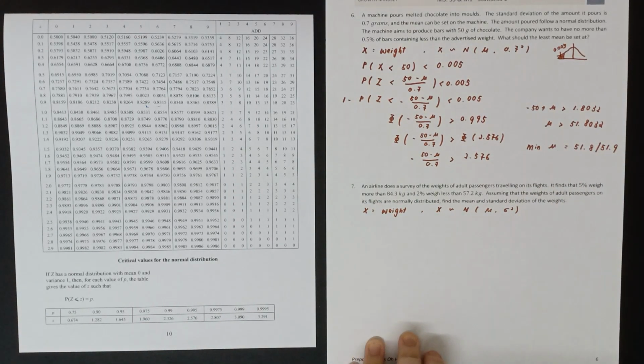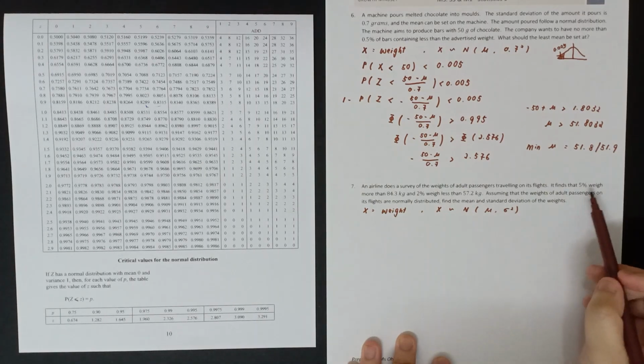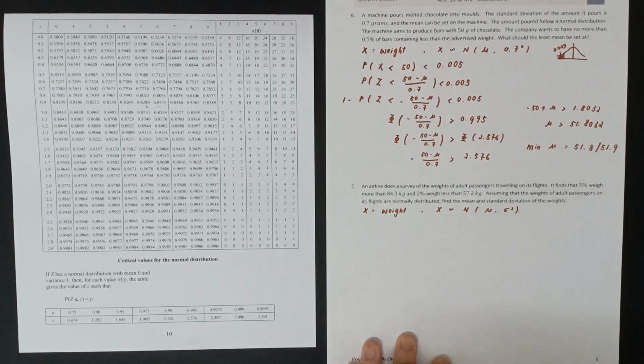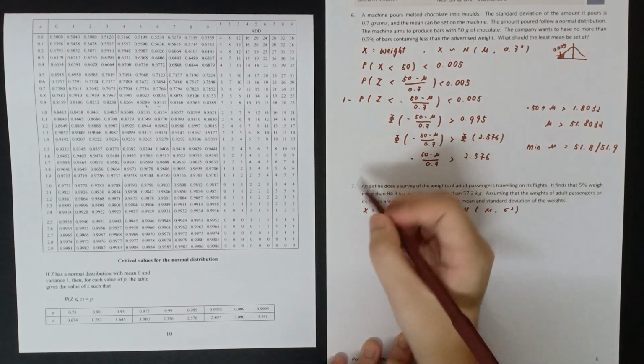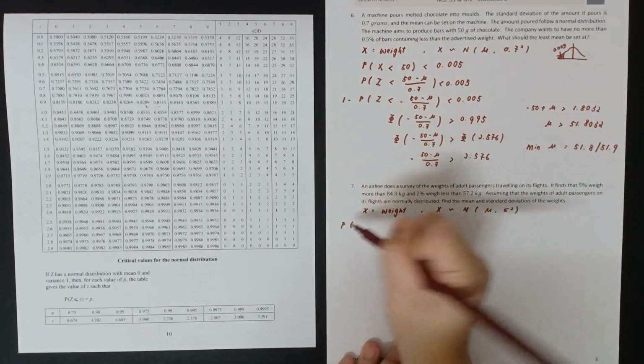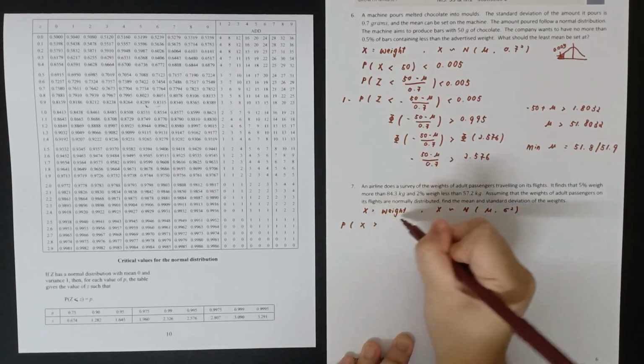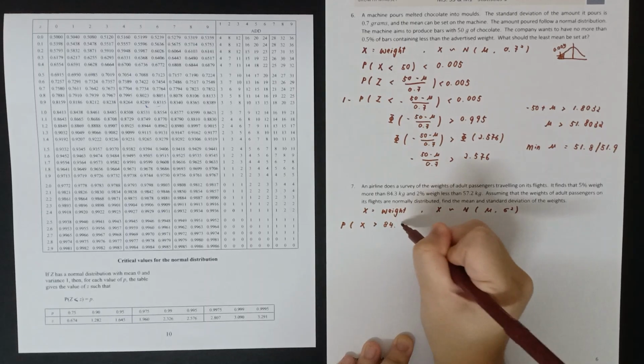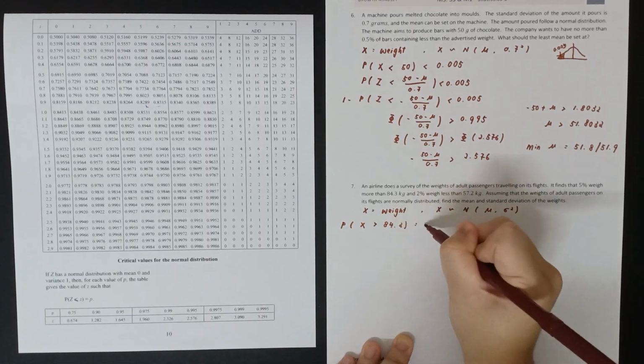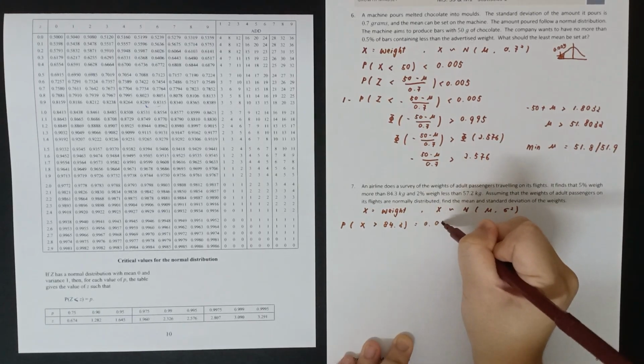Then after that, you can write down the two pieces of information given by this question. 5% of the passenger weights are more than 84.3 kg. What does that mean? It means the probability of getting a passenger with a weight more than 84.3 kg is equal to 0.05.